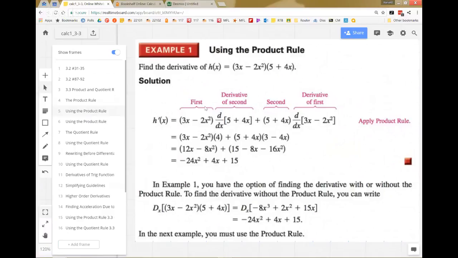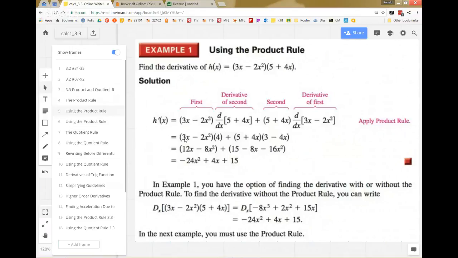All right, so here we go. We take the first function times the derivative of the second. By the way, d over dx, that's a way of saying derivative. So 3 minus 2x squared times the derivative of the second plus the second times the derivative of the first. So you see how we applied the rule.